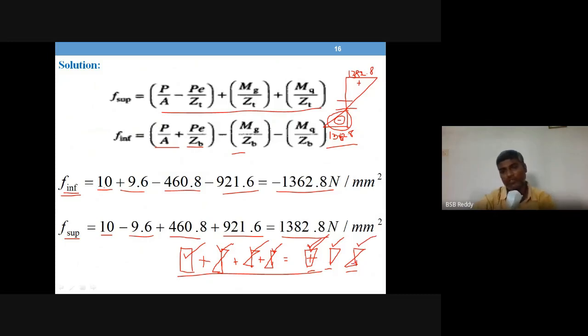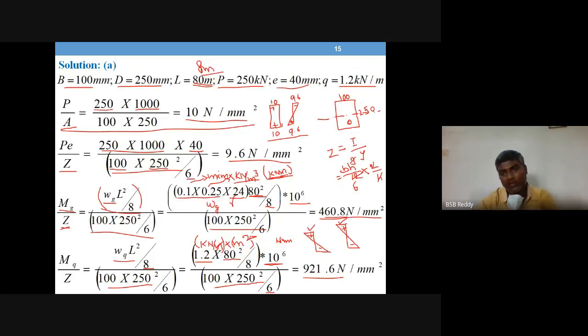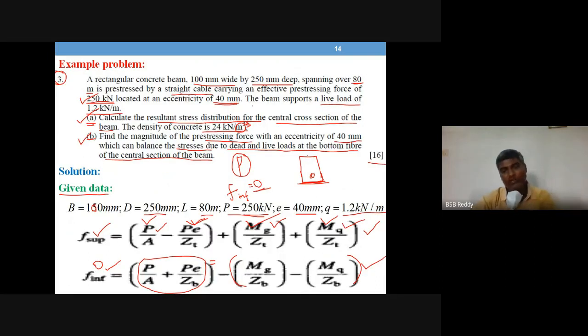Okay. So that is how we can analyze a pre-stressing member for what all different stresses happen. This is only at center section. Remaining sections also, wherever you want, you can follow the same procedure, right? Thank you. We'll come back with the next example in the next session.